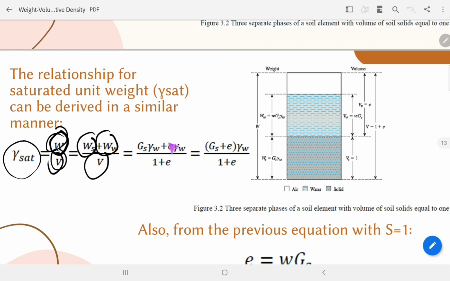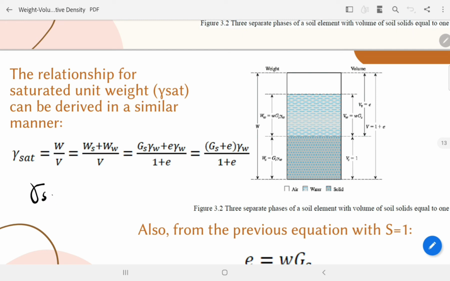And then, we replace this one, diba? Kanina lang din, kinopya mo lang, yan lang din yung kanina, but we came up with this very useful equation. Tandaan nyo, gamit na gamit itong formula na to, that gamma saturated is equal to (GS plus E) gamma water all over 1 plus E. Madalas mo yan makakasalamuha sa kahit anong subject under geotechnical engineering or kahit anong topic, ma-encounter mo yan.